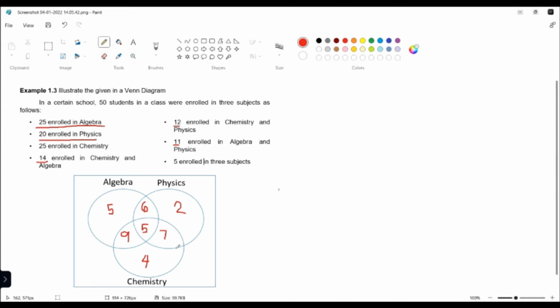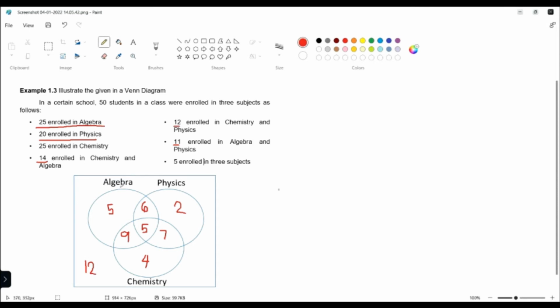How many students are not taking any of these 3 subjects? 12 po, sir. We have 12. So ilalagay natin yun outside the 3 sets here.